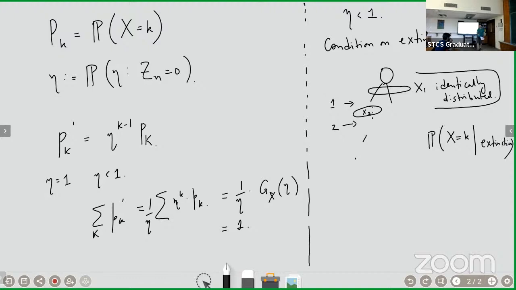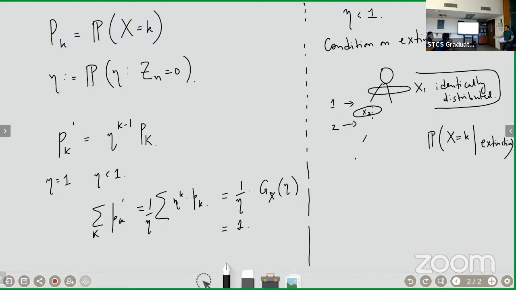So what does it change? Has anything changed to you? The question here, what we are after? With eta less than 1, there is a non-trivial probability that sometimes you will get extinct, sometimes you won't.